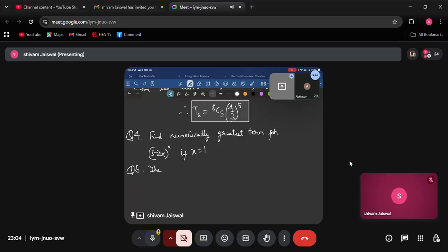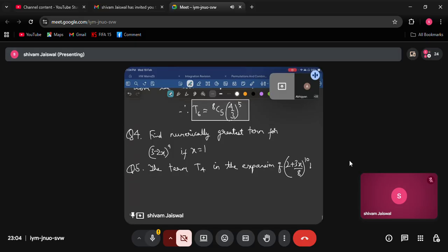The term T4 in the expansion of (2 plus 3x by 8) whole to the power 8, whole to the power 10, has the maximum numerical value. Find the range of x. Solve.